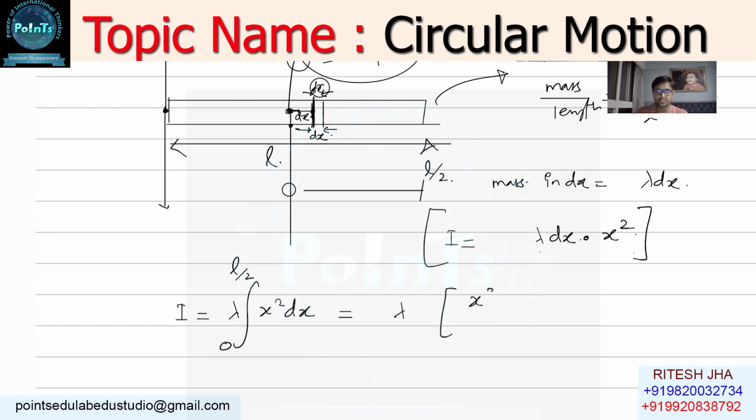So x cubed over 3 from 0 to L by 2. And that will be coming out to be lambda times x cubed, that is L cubed by 8, times 3. Correct. Do you understand this?